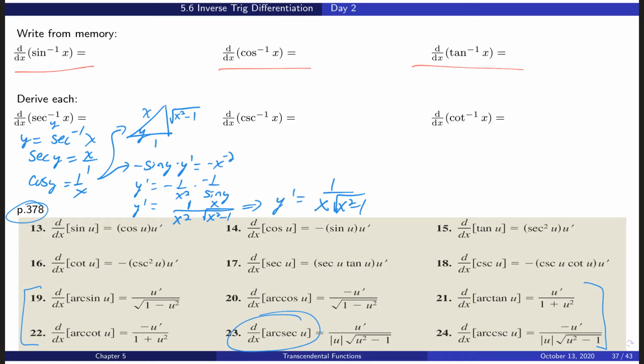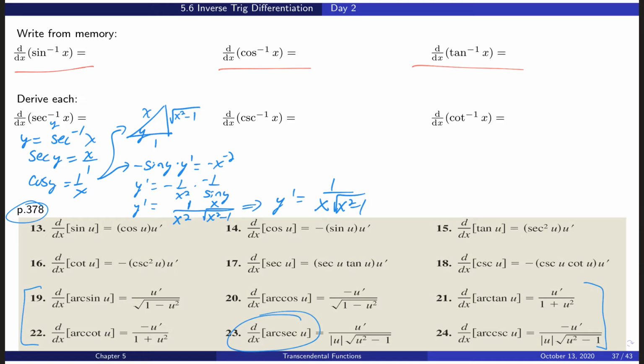Now they did things in terms of u, in case you don't just have an x there, but maybe something that's a function of x. They have u prime, which is just the chain rule, the absolute value of u, and then the square root of u squared minus 1. Where did the absolute value come from? Well, that's really quite difficult to explain.